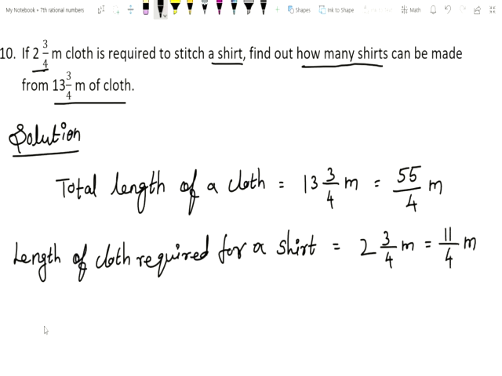Now we are going to find the number of shirts.